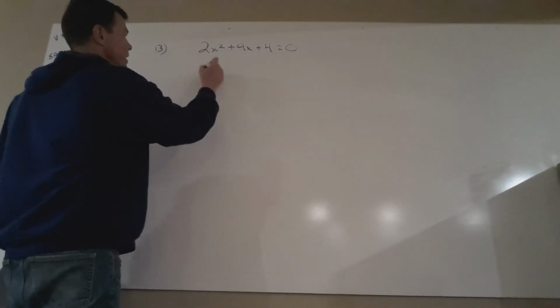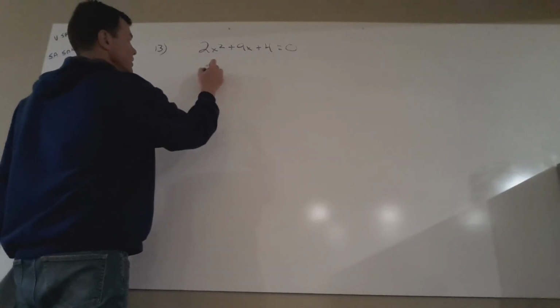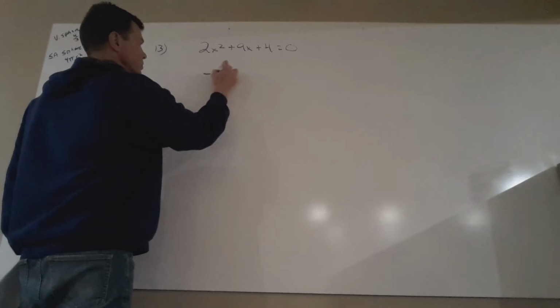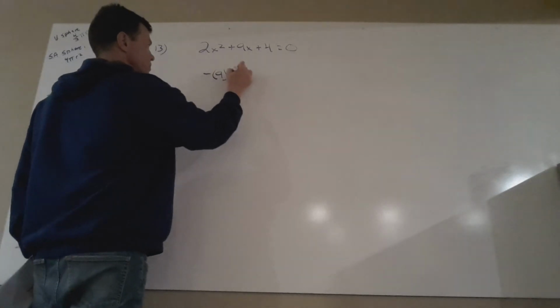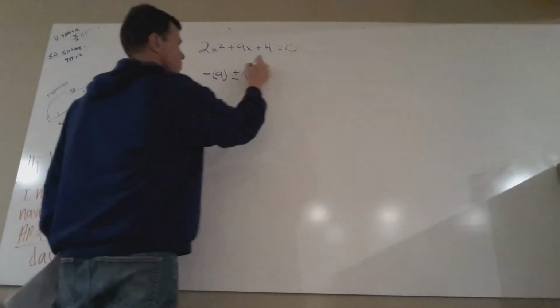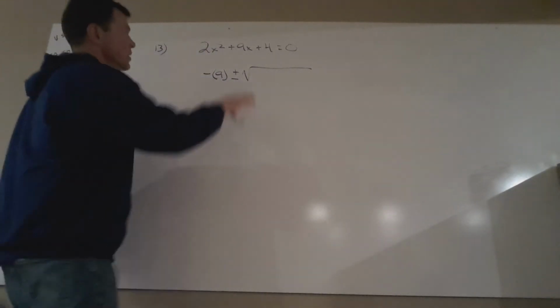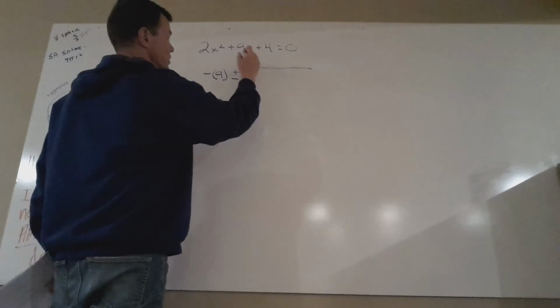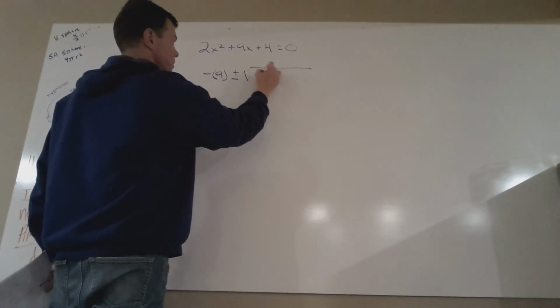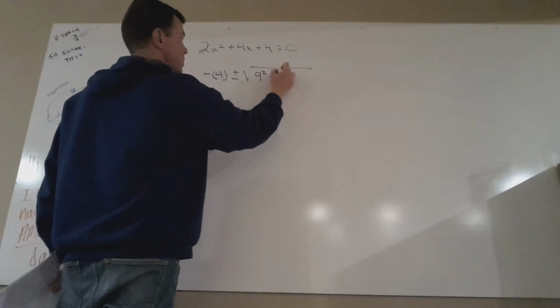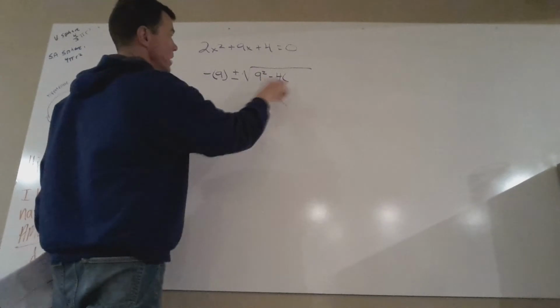So negative b, we have negative 9, plus or minus the square root of b squared, which is going to be 9 squared, minus 4 times a.